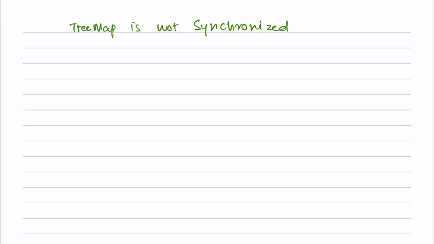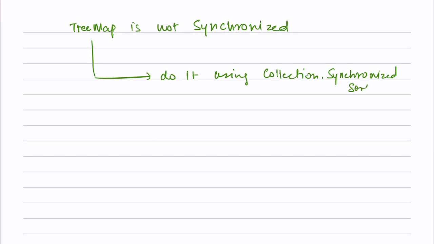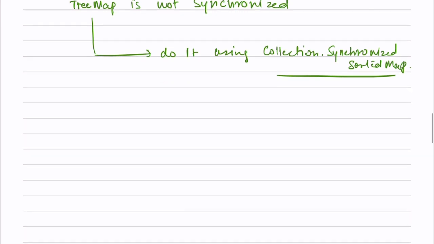However, you can do it using Collections.synchronizedSortedMap. So you can use this and make it synchronized, if you need it.